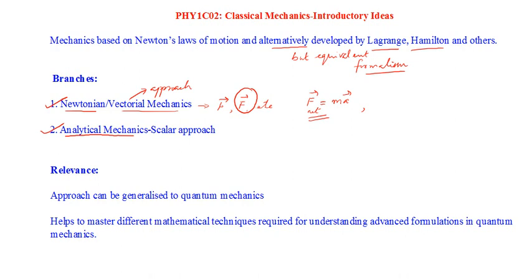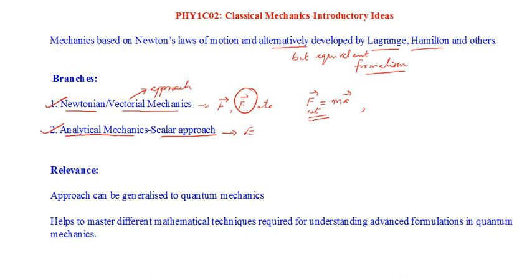In order to overcome that, analytical mechanics, instead of a vectorial approach, has a scalar approach. Scalar in the sense that the central concepts of analytical mechanics will be some sort of scalars.